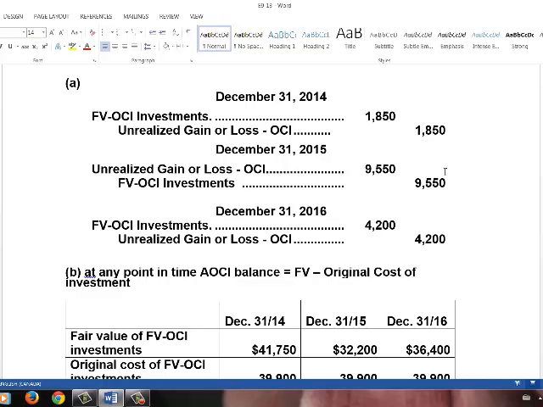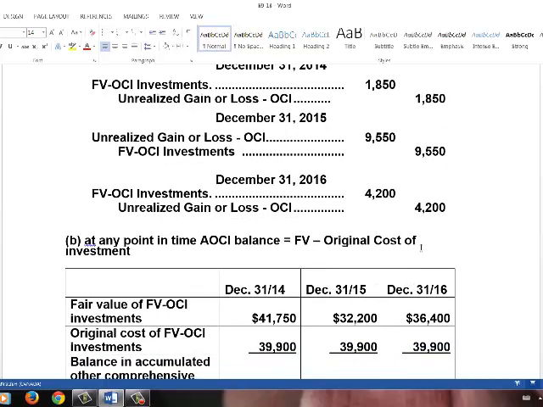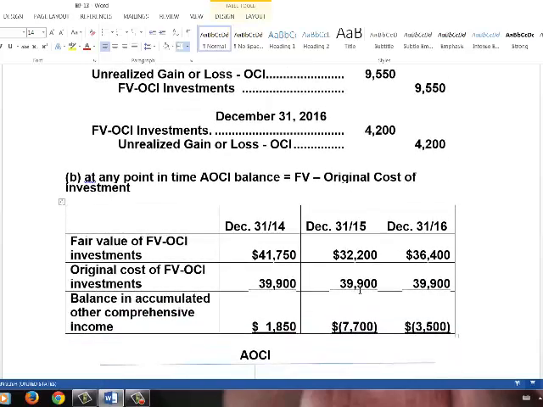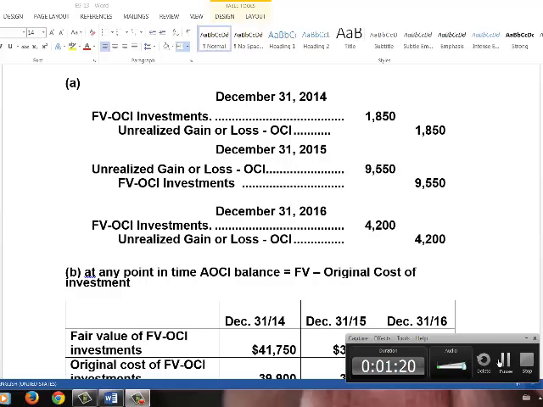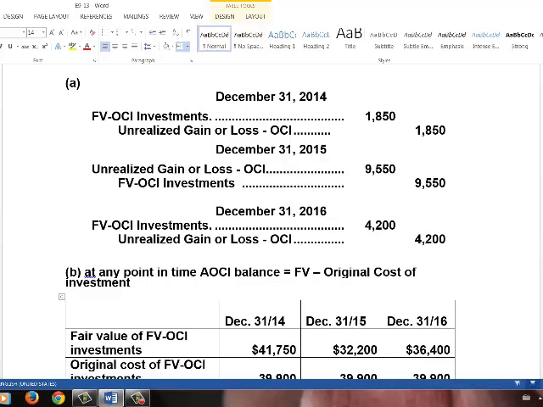Now what we need to do is compare the value of the investment at the end of 2015 with the carrying value.